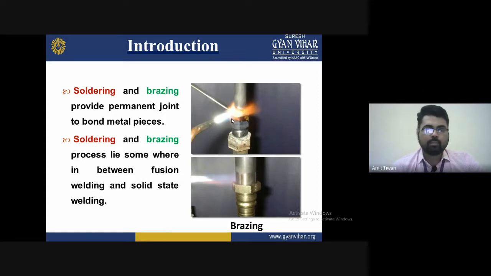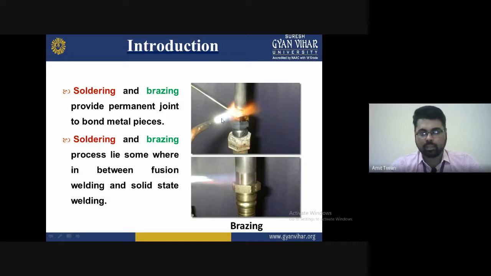Soldering and brazing processes lie somewhere in between fusion welding and solid state welding. As you see in the figure, oxyethylene gas is provided for melting the electrode or filler in brazing, at the portion we will weld and join.